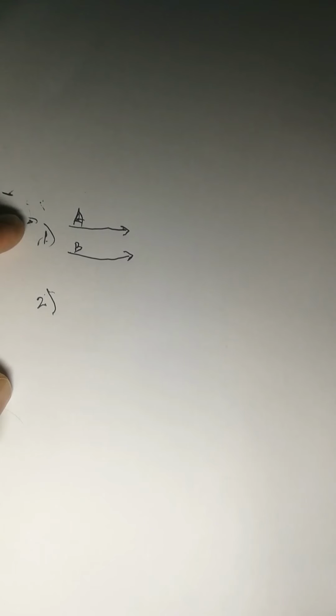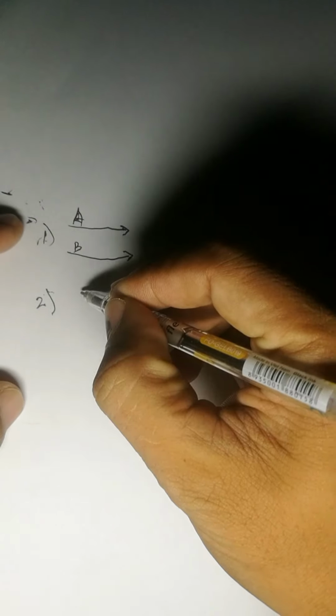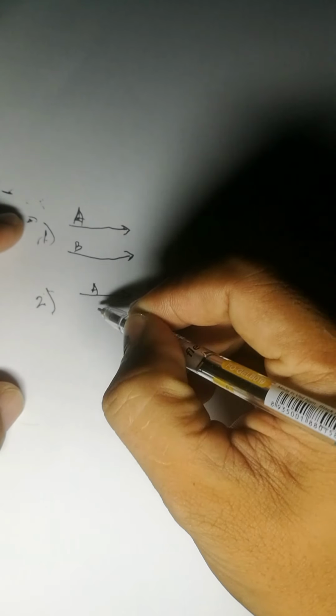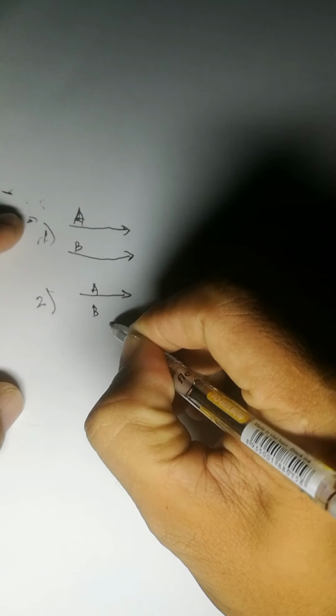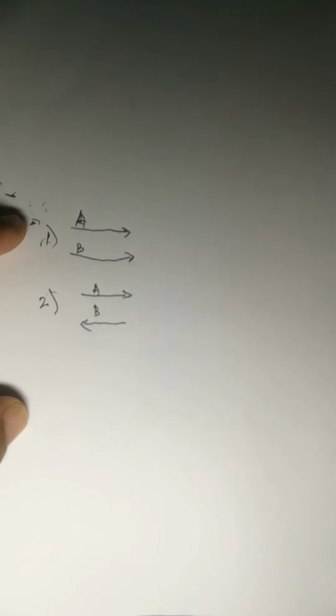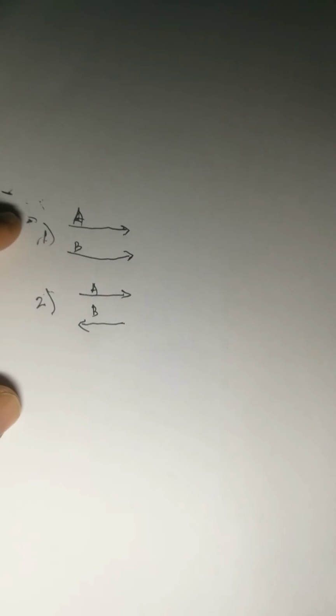This is the first instance. Another instance is that the two objects are traveling in opposite directions. If A is going right, object B is going left. That is the second instance.